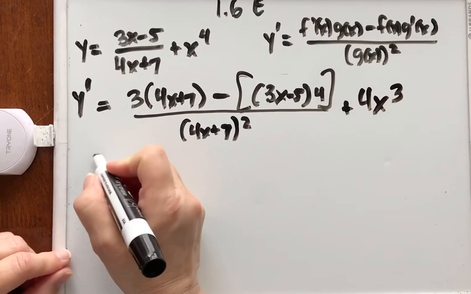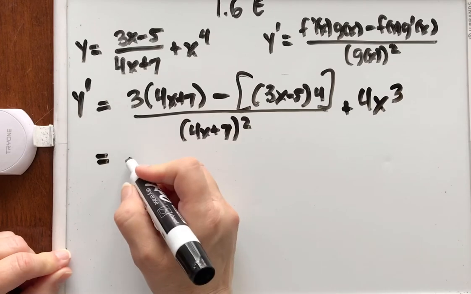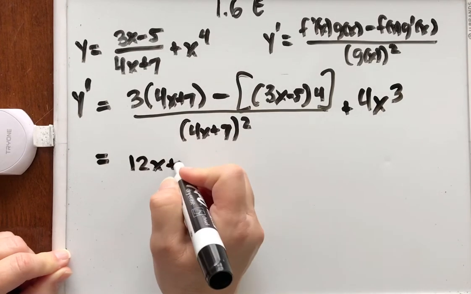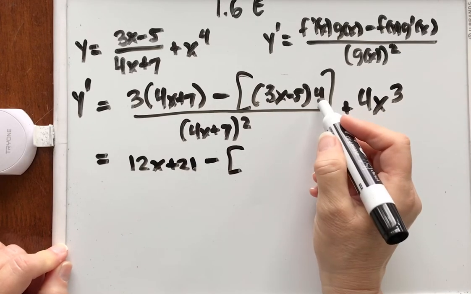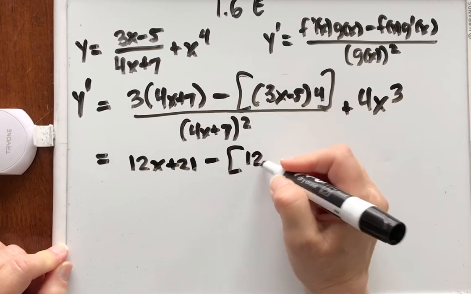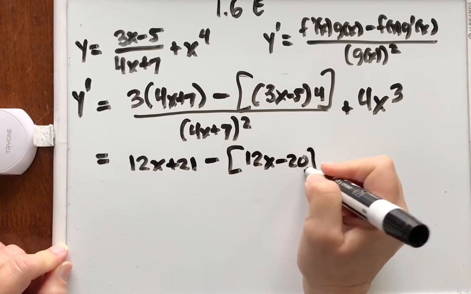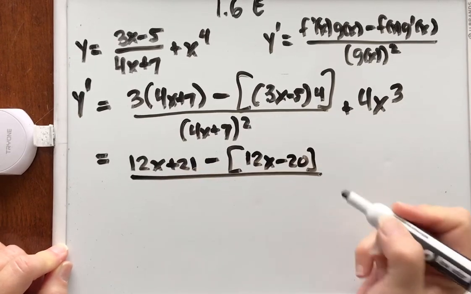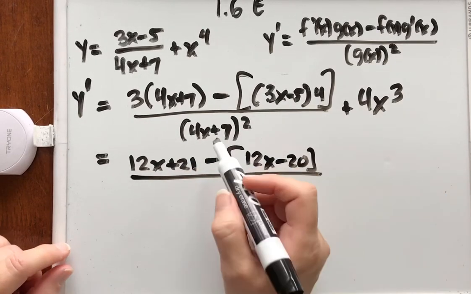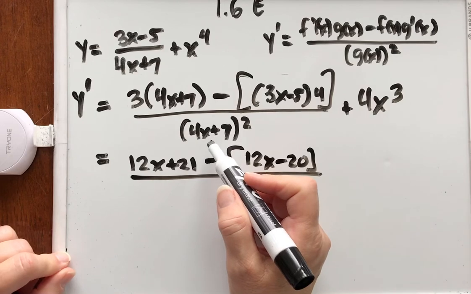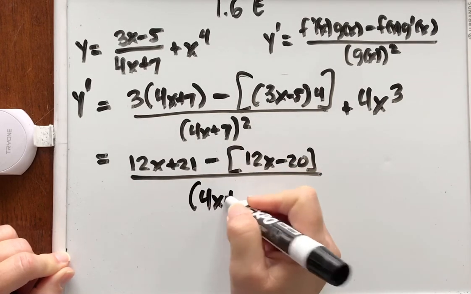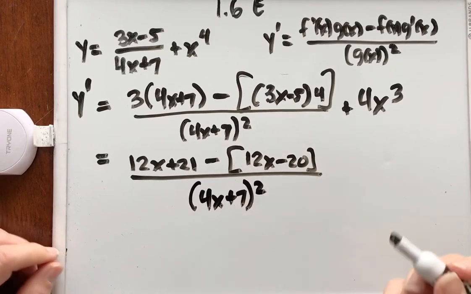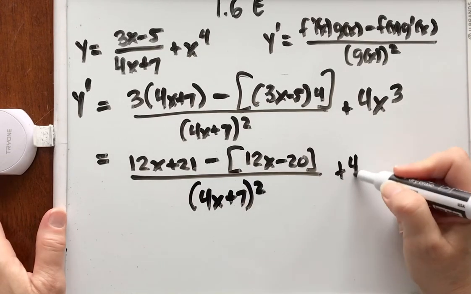Okay, so let's continue. Distribute: 12x plus 21 minus, distribute this 4, 12x minus 20. Okay, we could FOIL this, but it looks like things are going to cancel, so I'm not FOILing if I don't have to. Plus 4x cubed.